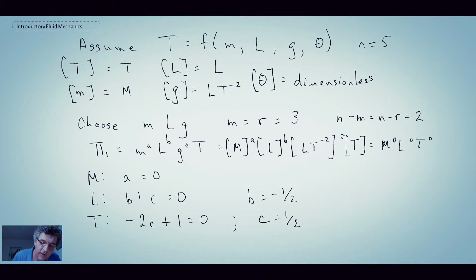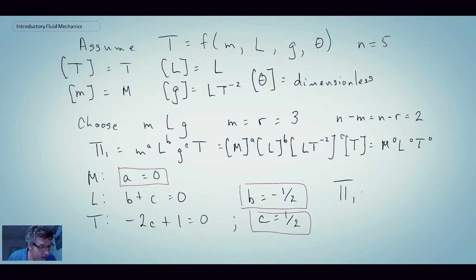So those are the coefficients within our pi 1 term, the first non-dimensional group that we're deriving. And so what we find is that pi 1 can be expressed in the following manner.